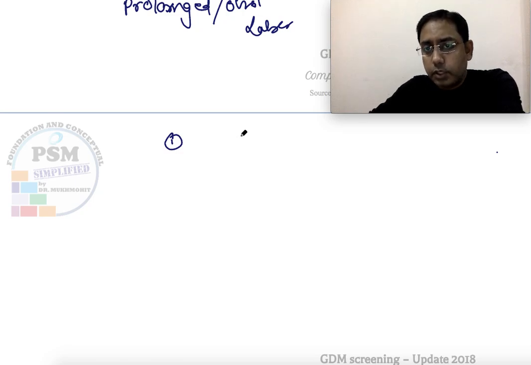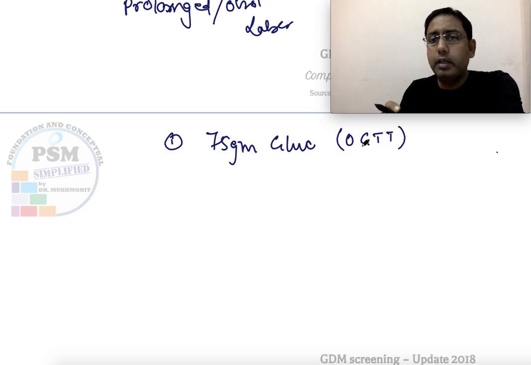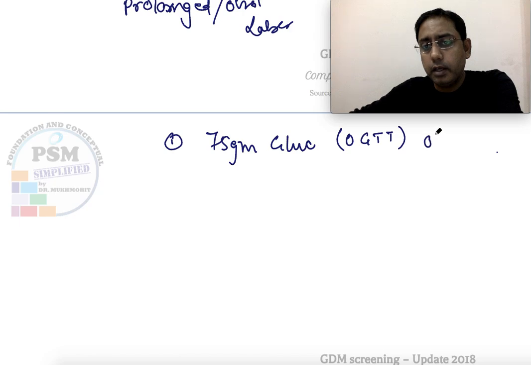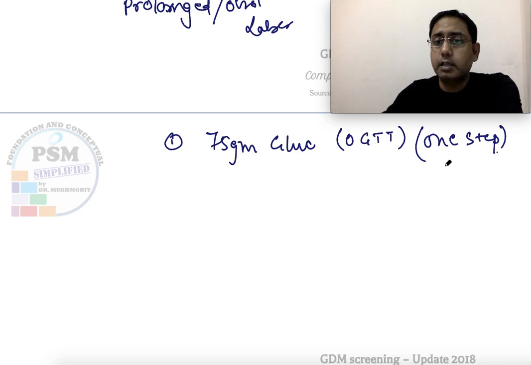The test of choice for GDM screening is 75 grams glucose via the oral glucose tolerance test. The 75 gram glucose is given as a one step procedure in India. It is recommended by FOGSI and the WHO, the Federation of Obstetric and Gynecological Societies of India.